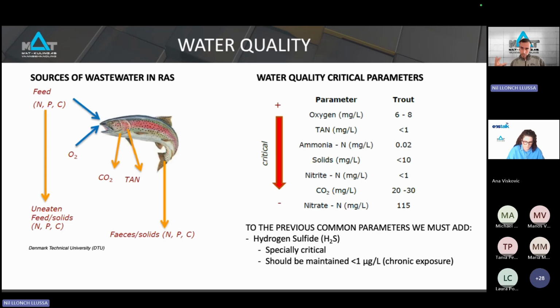To these commonly known parameters, we also have to add hydrogen sulfide, which is gaining more and more recognition lately, especially in saltwater systems, where you have a higher risk of production because of sulfate availability in your salt water. At very low concentrations it can have big mortality effects, and even above this 1 microgram per liter that I'm mentioning, chronic exposure can have negative effects on growth and also survival of the fish.